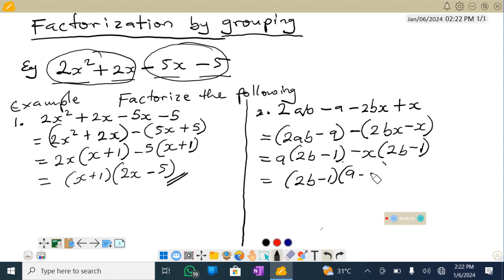So we have A minus S. Okay, so that's the factorized form of this.